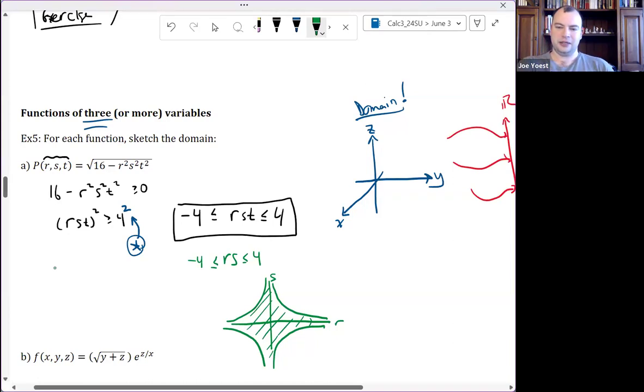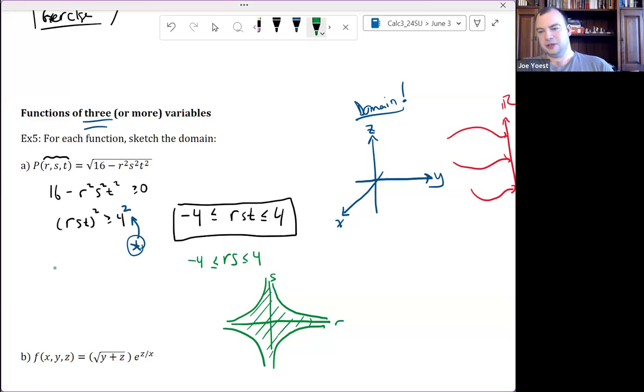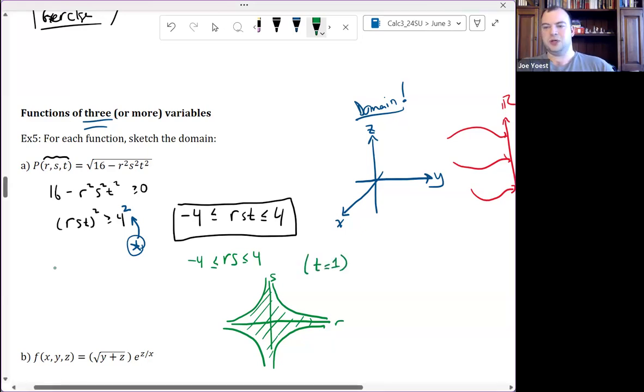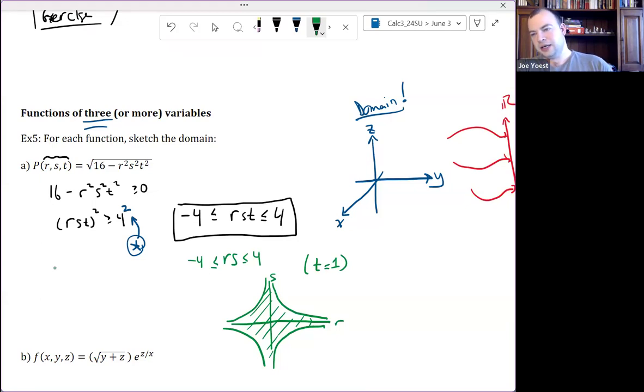Now, this isn't my full answer here. This would be like the cross section with, say, T equals 1 is what we'd be looking at here. But I can see pretty clearly that this idea is going to carry over.